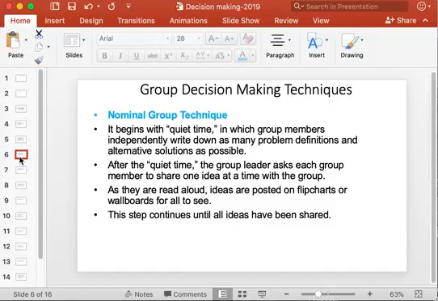After they do that, the group leader then asks each group member to share one idea at a time with the group. Then, as they are read, ideas are then posted on flip charts or wallboards for all the members to see.